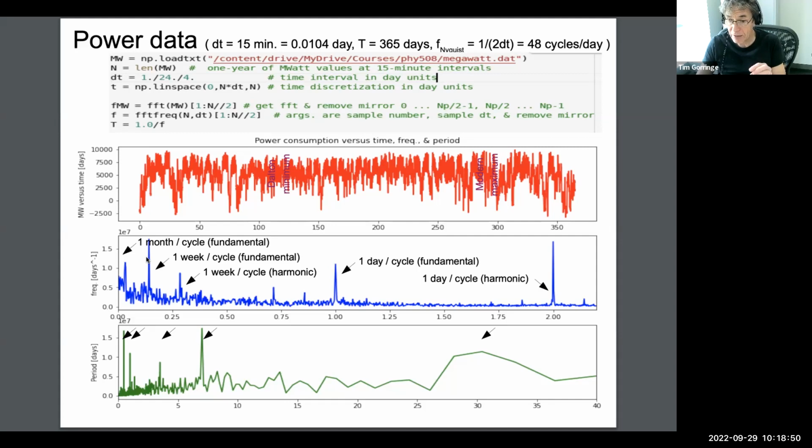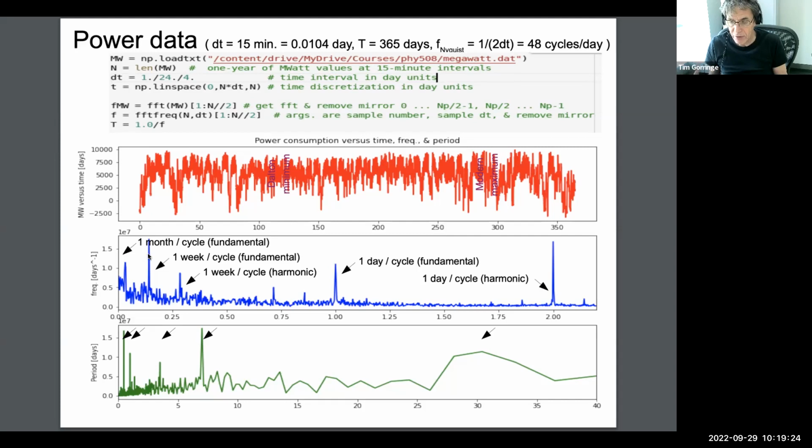It's not surprising to see that in the data also. Sounds sensible that we might use a different amount of power at the weekend when we're not at work compared to when we're in the weekdays and at work. So we might expect to see a period of a week in our data, and indeed we see it. We see a cycle corresponding to 1 cycle per week. So that's this peak here.